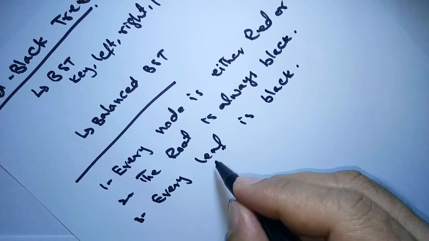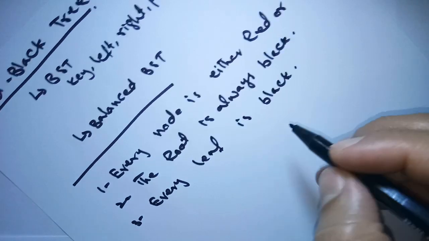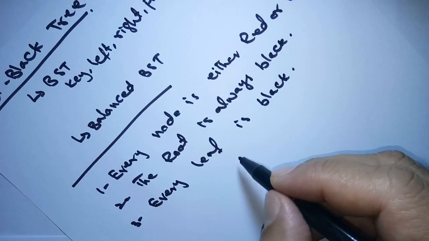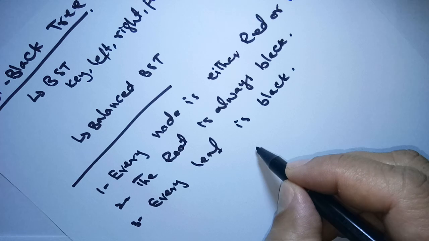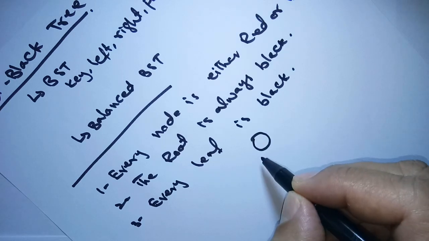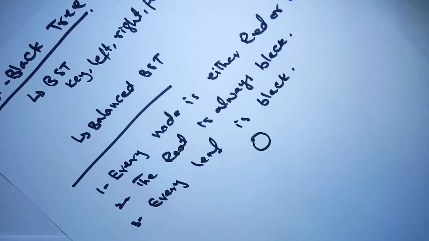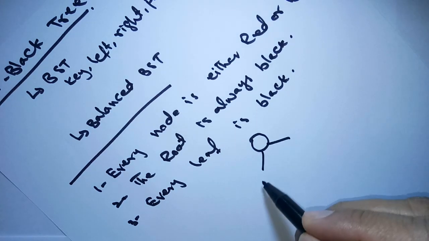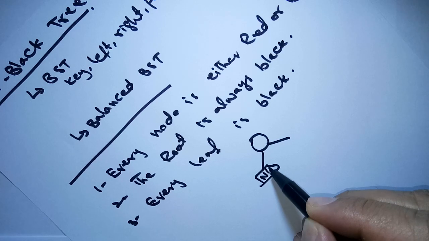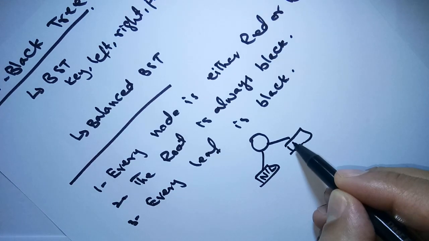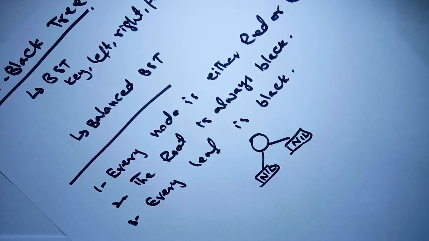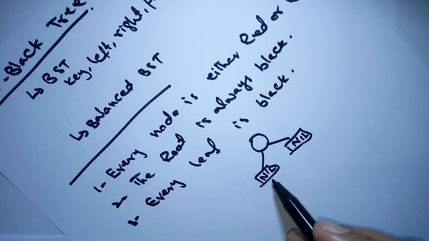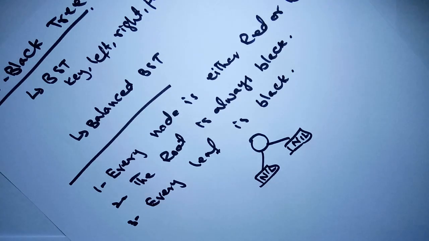right? In a complete binary search tree, the last node always contains two children that are nil. If it does not contain any child, it has two children that are nil. So these nil are always black.